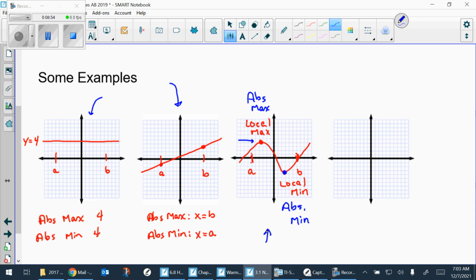And, oh, another example. What about something like this? We're going to go from A to B. What if we had something that goes like this? Now, for something like that, we would have to say there is no absolute max.